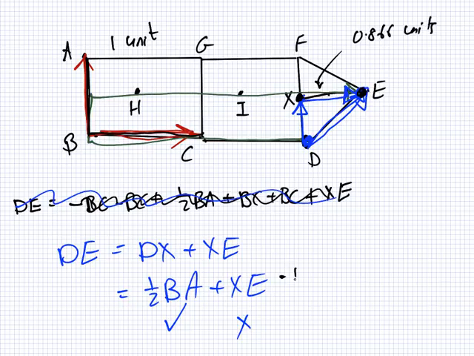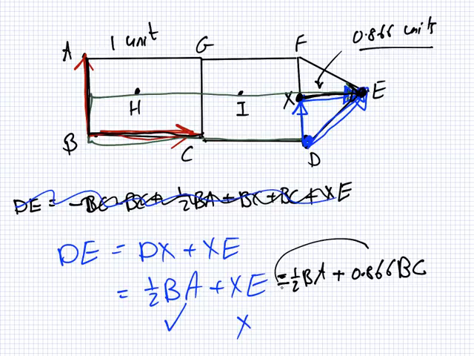So this is a half BA plus 0.866 BC. This is like BC, except it's a little smaller. So this is the answer here.